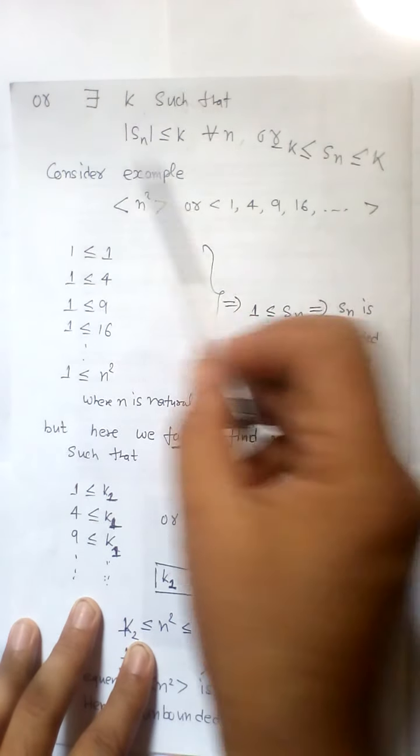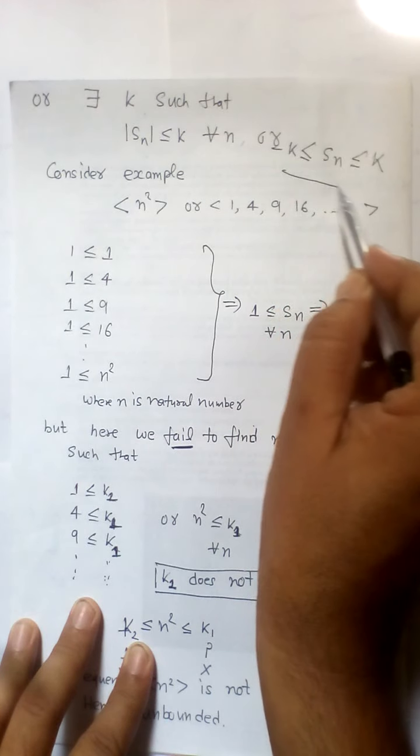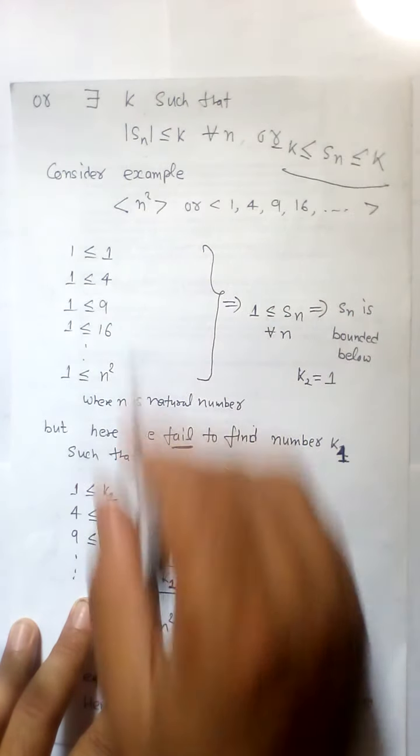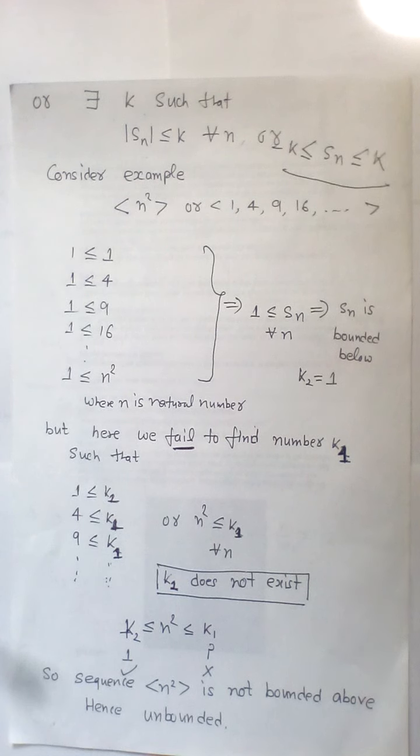So if you can find a k satisfying this condition, then you say that the sequence is bounded. This means if you want to prove any sequence bounded, you have to search for lower bound and upper bound.